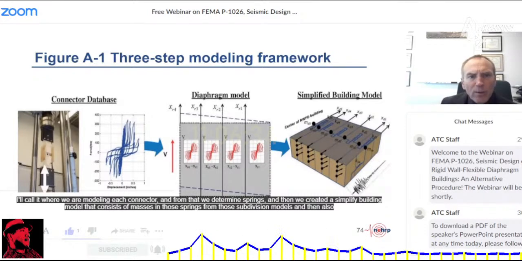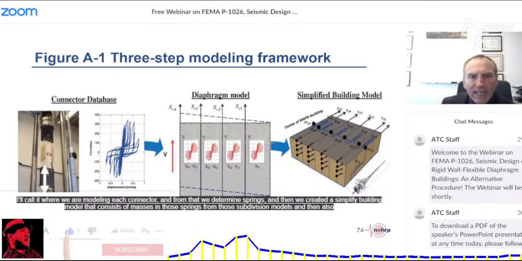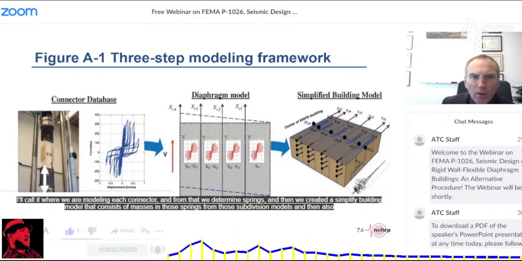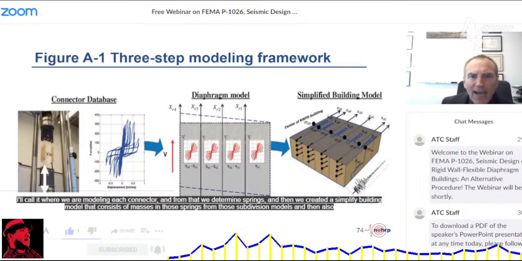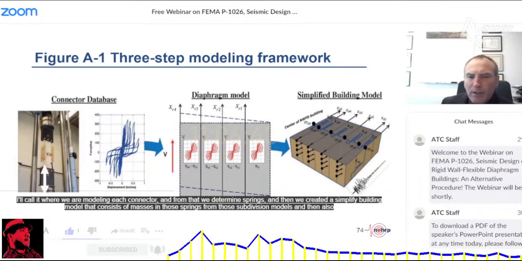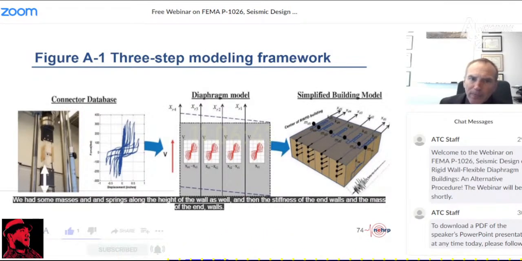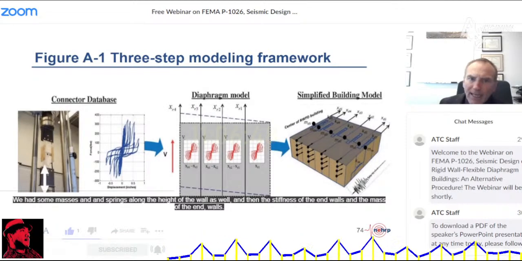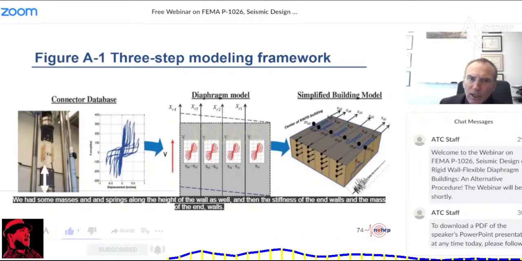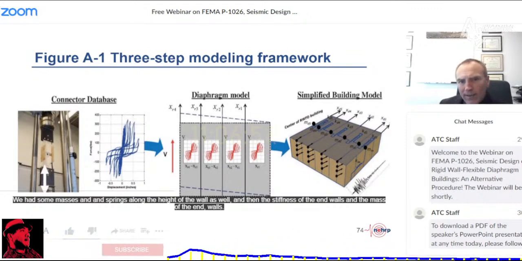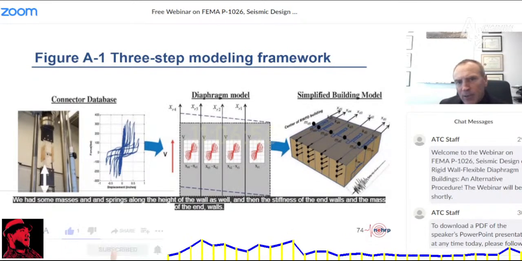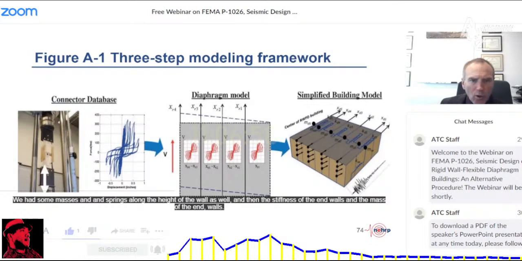From that, we determined springs, and then we created a simplified building model that consisted of masses and springs from those subdiaphragm models. And then also we had some masses and springs along the height of the wall as well, and then the stiffness of the end walls and the mass of the end walls.